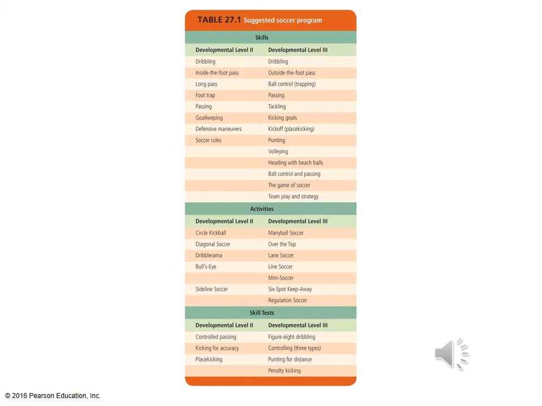Then the games that you can add to developmental level 2 games or activities: mini ball soccer, over the top, lane soccer, line soccer, mini soccer, and then actually regulation soccer. Then we get into skills tests for figure 8 dribbling, controlling, punting, and penalty kicking. So it gets more serious in the 5th grade, developmental level 3.